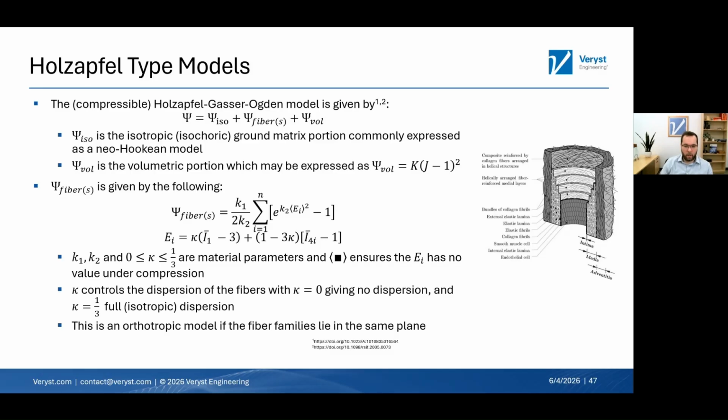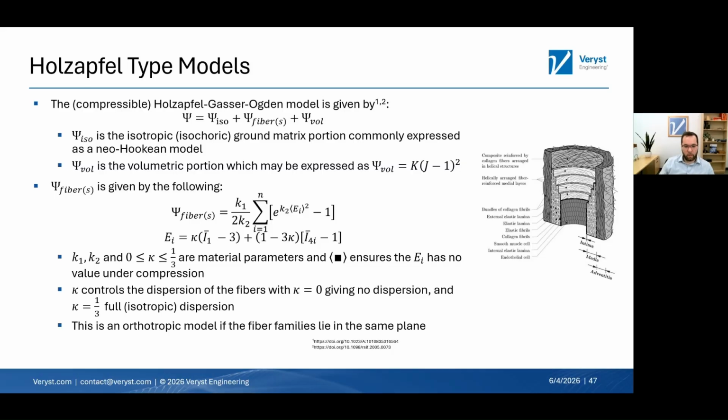So you have this sum over the number of fibers you've got, and this exponent that raises basically K2 and this E_i variable. And this E_i is basically describing your fibers. The way it's formulated is that you have this sum of basically I1 and I4 for your fibers, and kappa is basically governing the mixture of those two terms.